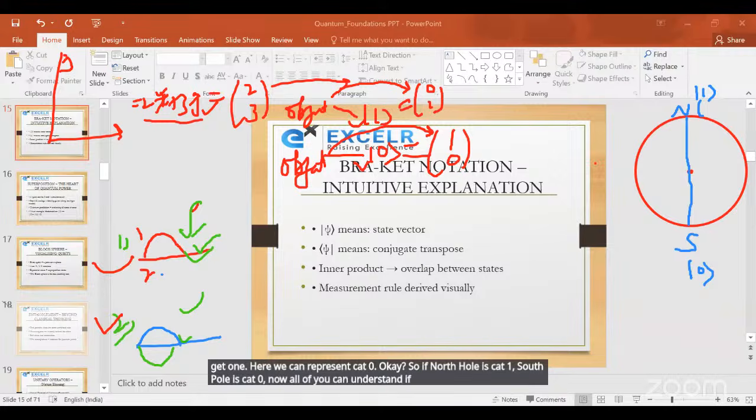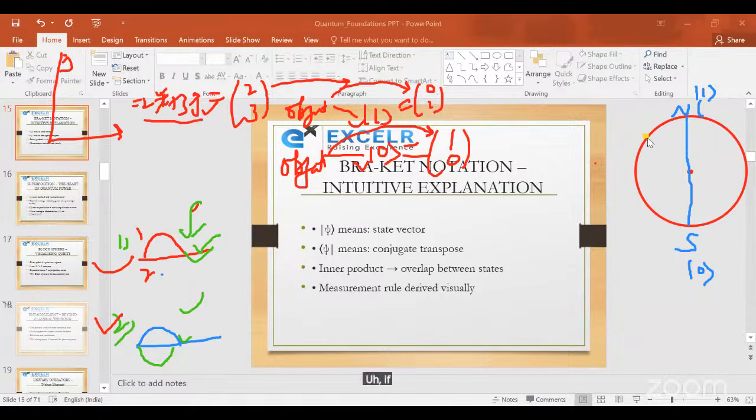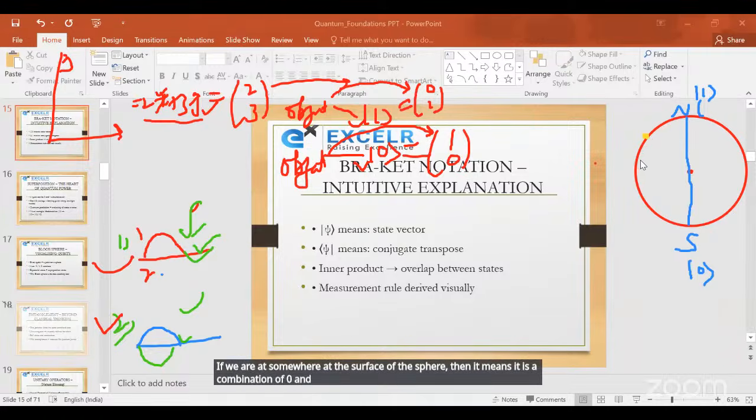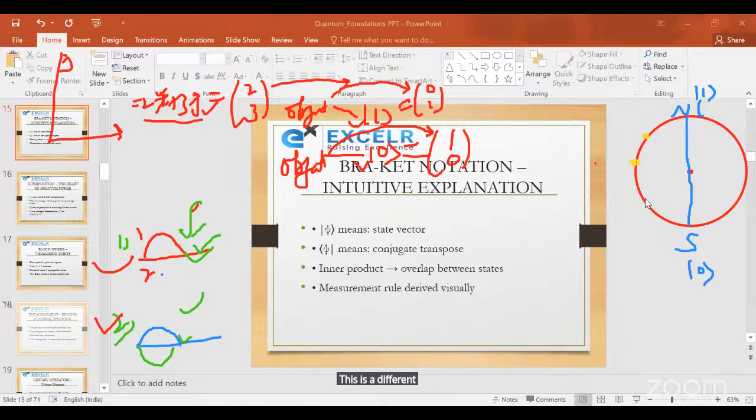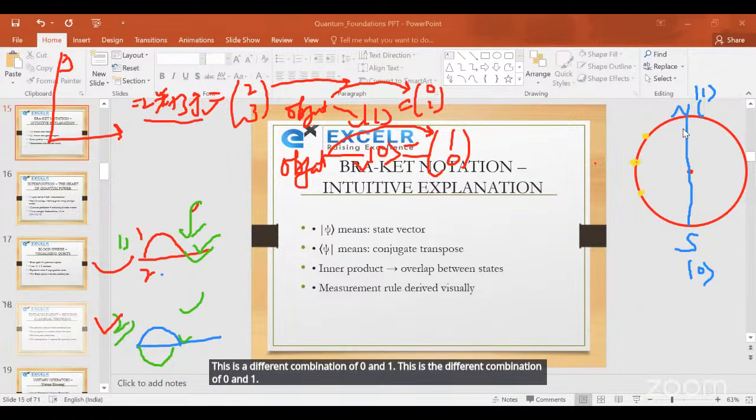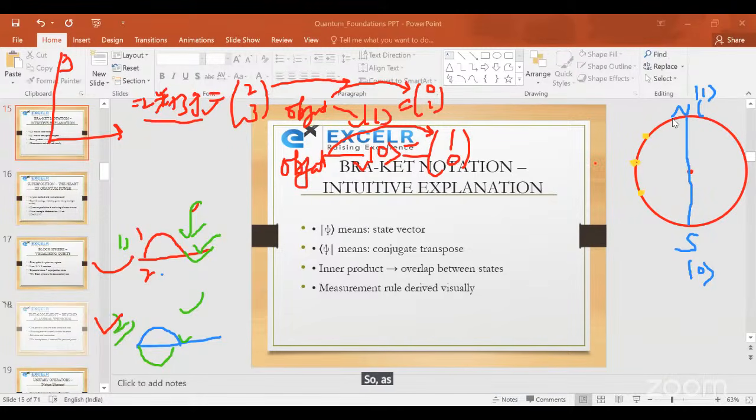So if the north pole is cat 1 and the south pole is cat 0, now all of you can understand that if we are somewhere at the surface of the sphere, it is a combination of 0 and 1. As we move towards this side, there is a different combination of 0 and 1.